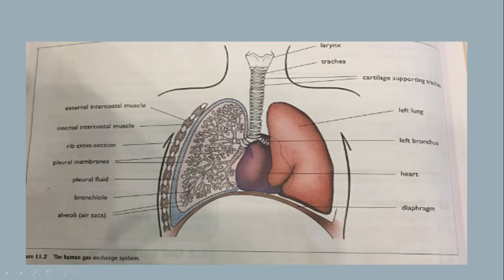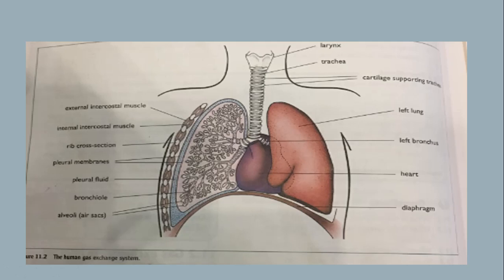So the bronchi go to the lungs, and every bronchus is divided into many small bronchioles. Do you see these bronchioles? And the bronchioles end up with pocket or sac-like structures called alveoli. Do you see the alveoli? These pockets or air sacs are where gases are exchanged, where gases diffuse to the blood and out of the blood.